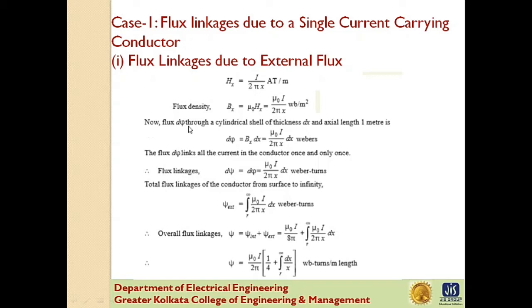Now the flux d phi through a cylindrical shell of thickness dx and axial length 1 is d phi equals Bx into dx into 1. We put the value of Bx in this equation and we get d phi equals mu 0 I by 2 pi x into dx Webers.